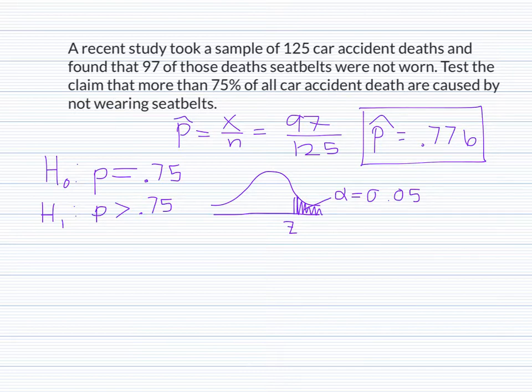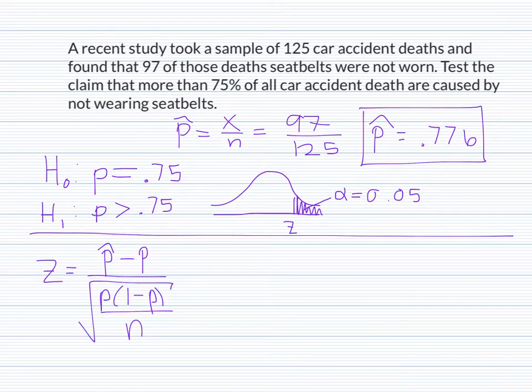So now the next step would be to find the test statistic that goes along with our proportion. So we have z is equal to p hat minus p over the square root of p times 1 minus p over n. So you should be getting somewhat familiar with that formula. If you've gotten to this point, you've used it a bunch.